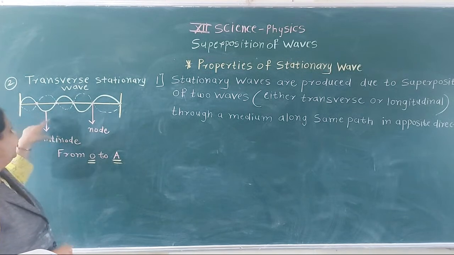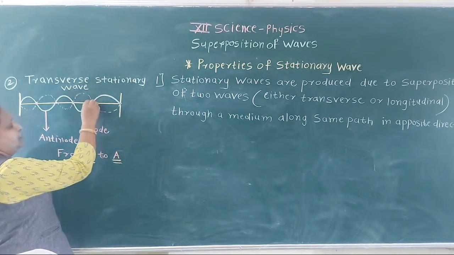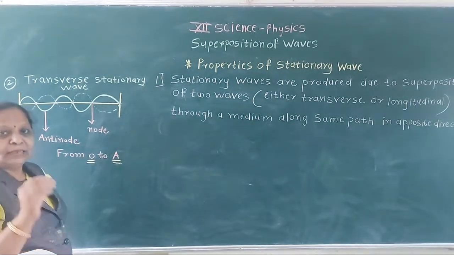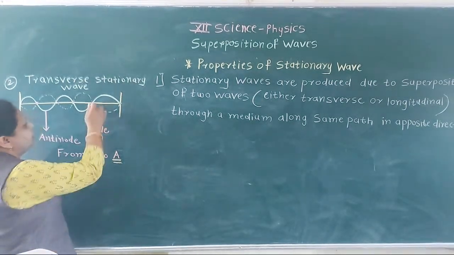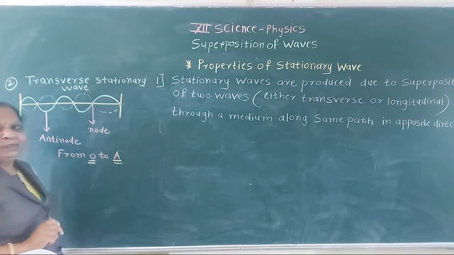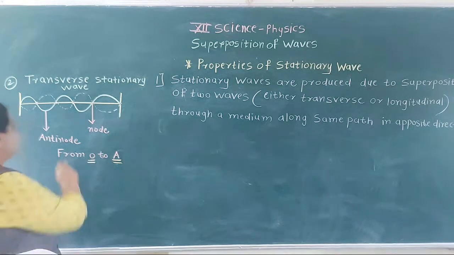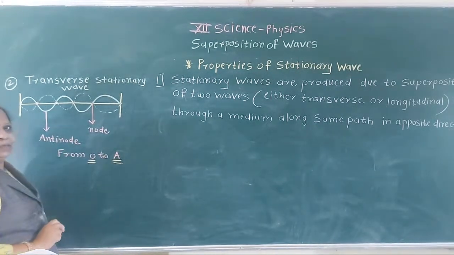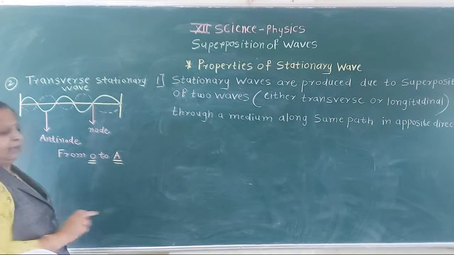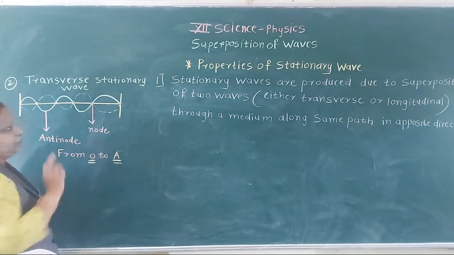There are some points where the particles do not move. The point is known as the node. The point where the amplitude is maximum is known as the antinode, and the amplitude varies from 0 to A.